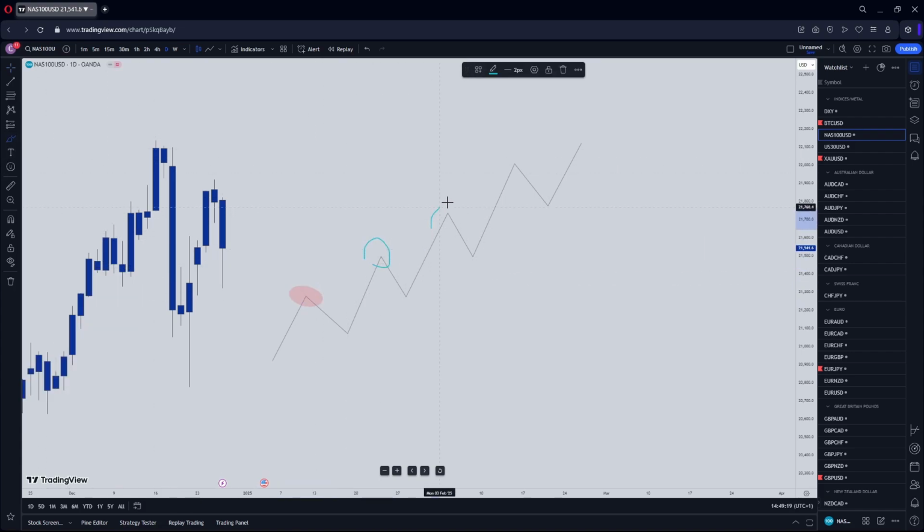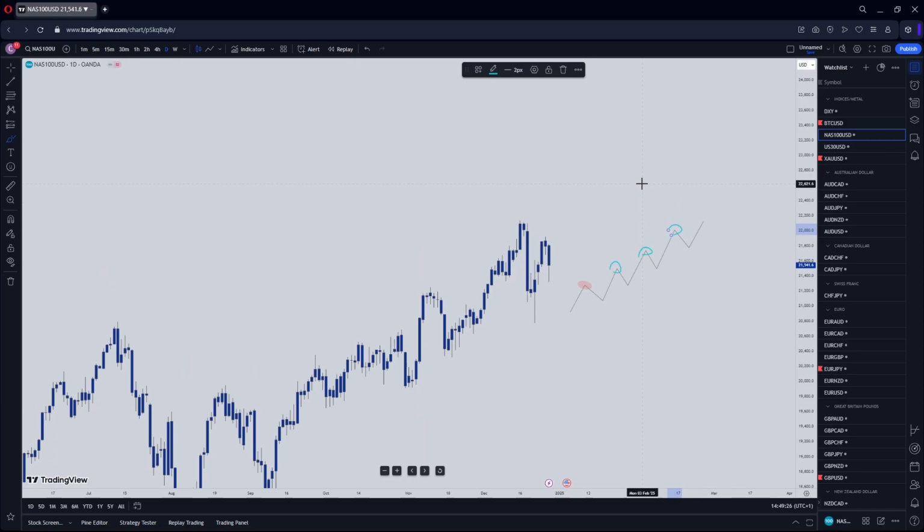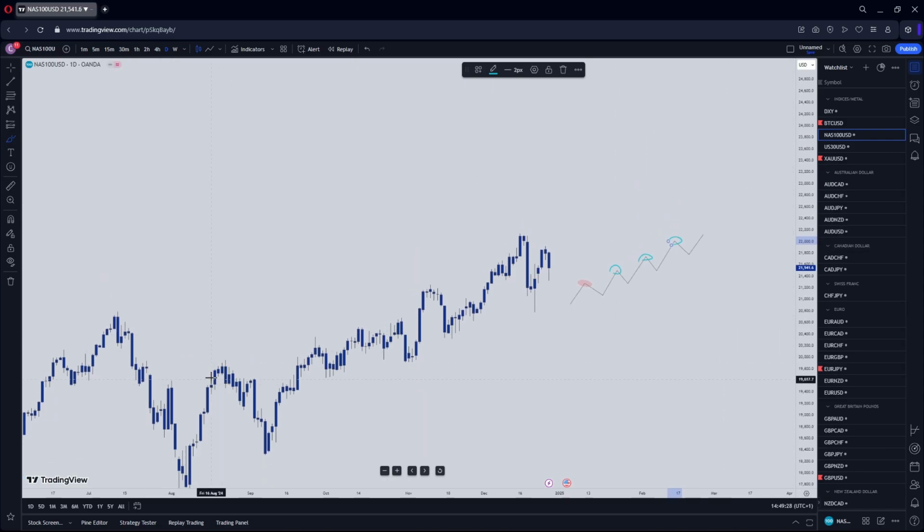This is a high. This is a high. This is a high. If you go to the market, what are we talking about? This is a high. The highs are above, the lows are below. As simple as that. The highs are above, the lows are below.